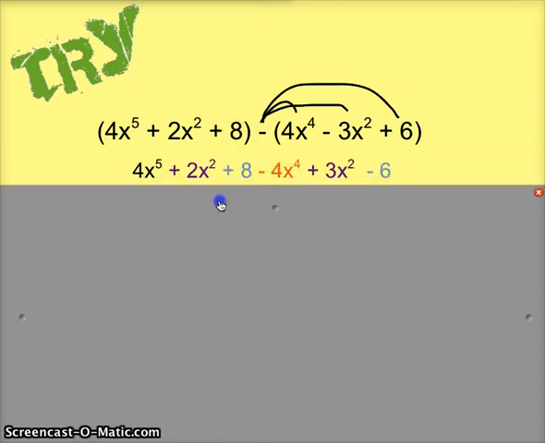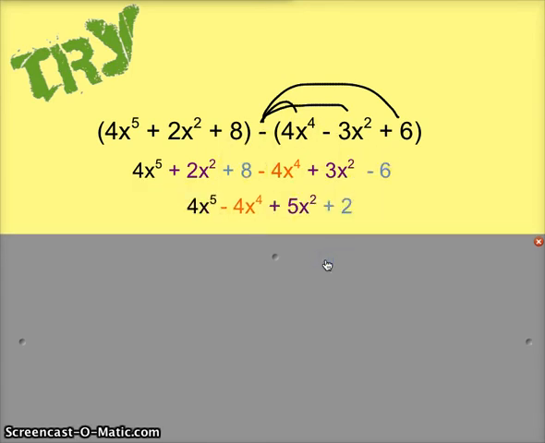Then you could drop the parentheses, leaving you with 4x to the fifth plus 2x squared plus 8 minus 4x to the fourth, positive 3x squared, and negative 6. Now if you see, there's nothing I can combine 4x to the fifth power with and negative 4x to the fourth power with because these exponents do not match, so I have to leave them as is. 2x squared can be combined with positive 3x squared, giving me 5x squared, and 8 minus 6 is positive 2.